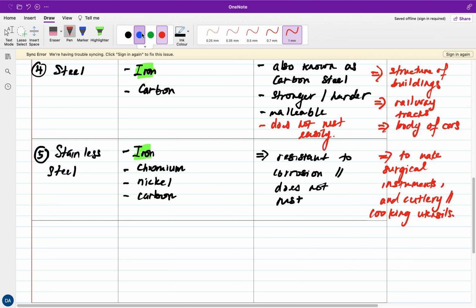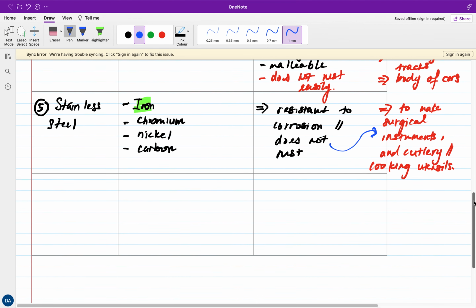So you can see the properties go with the usage. Normally for surgical instruments, we want something that is totally resistant to corrosion. So stainless steel will be the best.